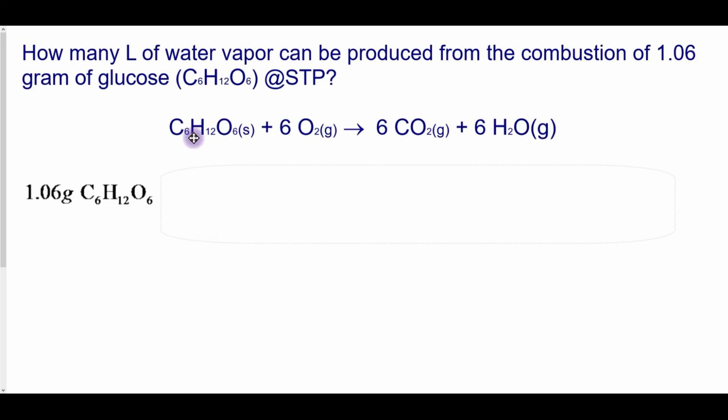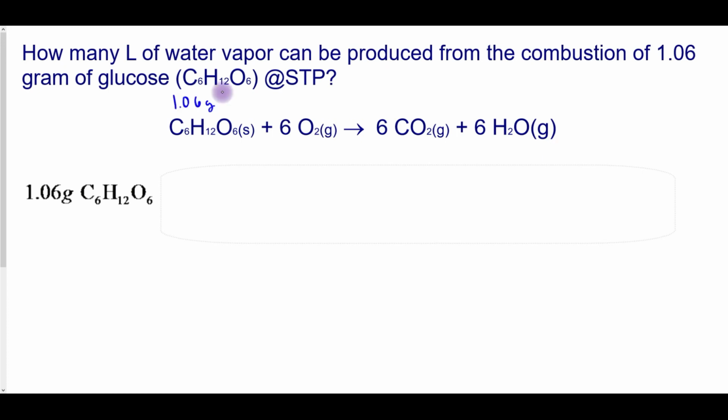When we write combustion, we know that we have a hydrocarbon and all fire needs oxygen. Our products are always the same, carbon dioxide and water. We know that the state is gas because it says how many liters of water vapor. It doesn't really tell us the rest of those, so I wouldn't expect you to put those in.